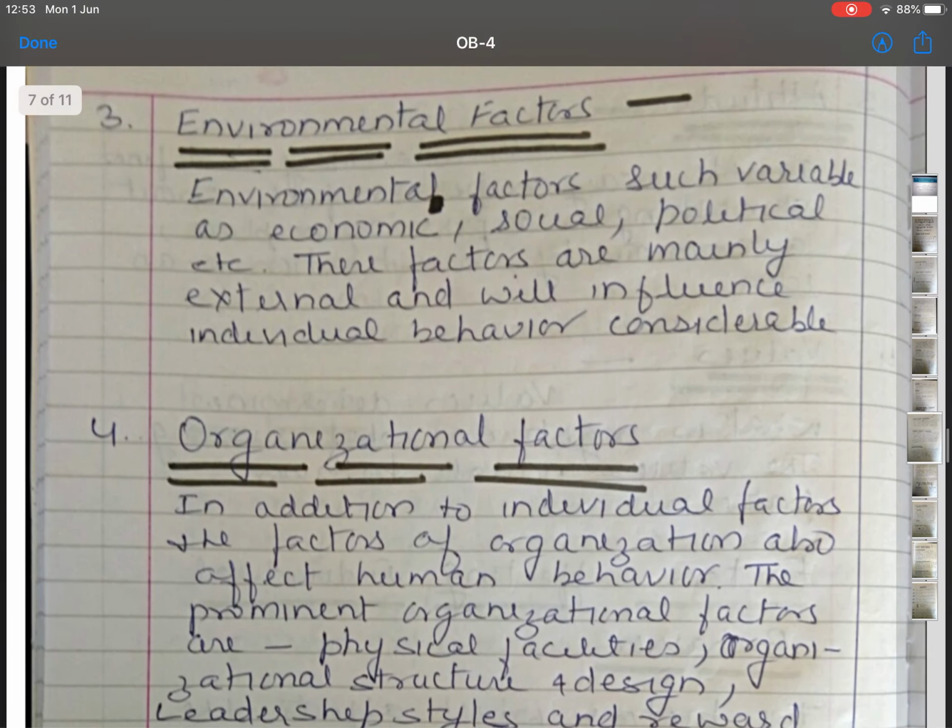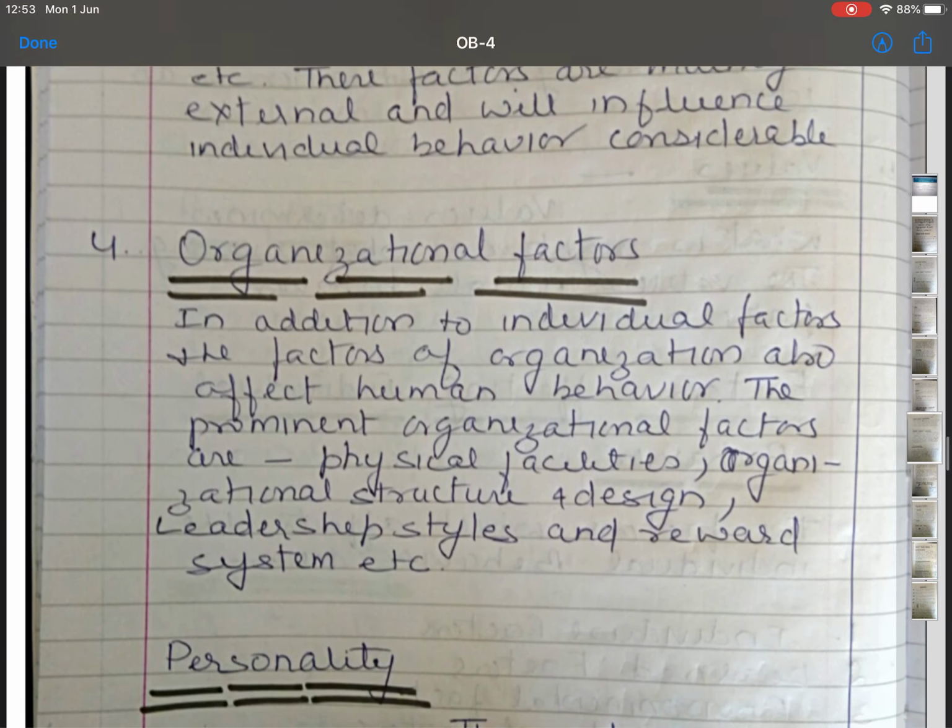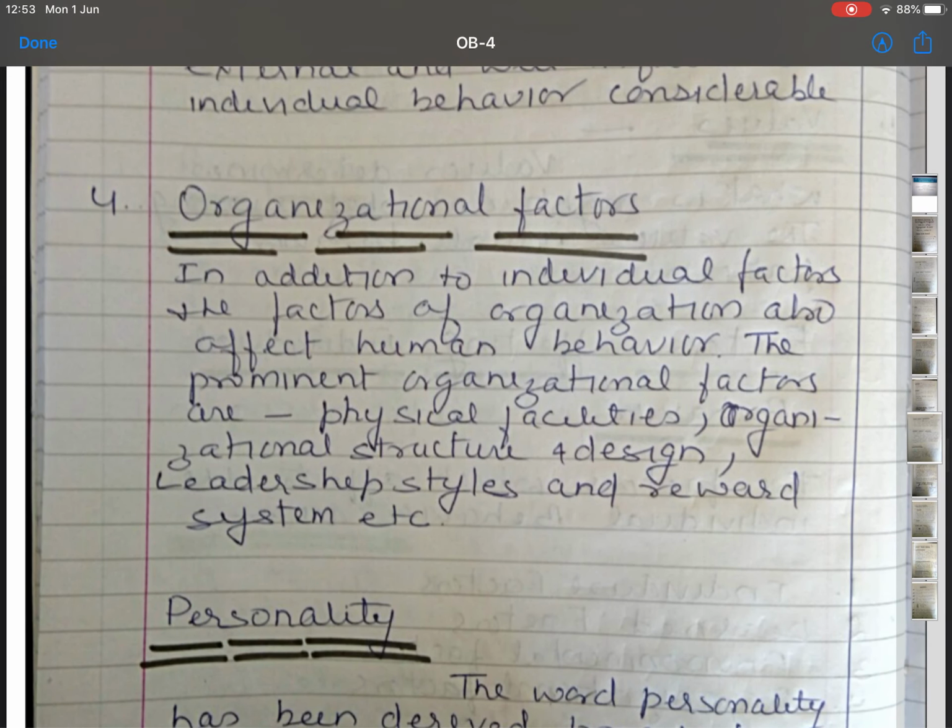Now comes the fourth main factor, organizational factors. In addition to individual factors, the factors of the organization also affect human behavior. The prominent organizational factors are physical facilities, organizational structure and design, leadership style, and reward system.